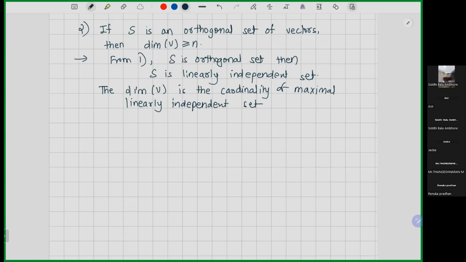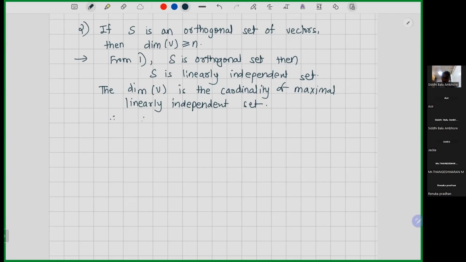So cardinality of a basis is the cardinality of a maximal linearly independent set.